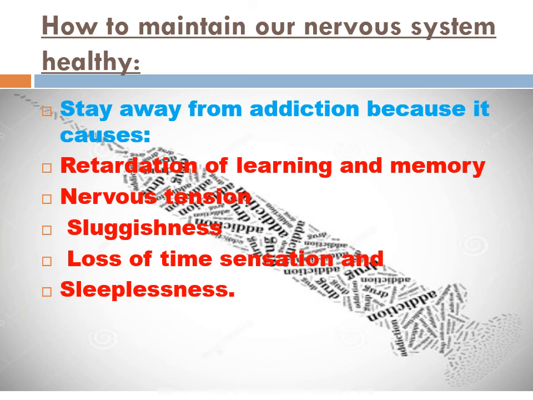This person can't sleep well. So addiction causes many problems like retardation of learning and memory, nervous tension and being angry all the time, sluggishness and laziness, loss of time sensation, and sleeplessness.